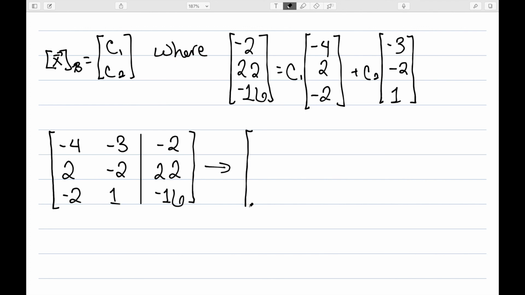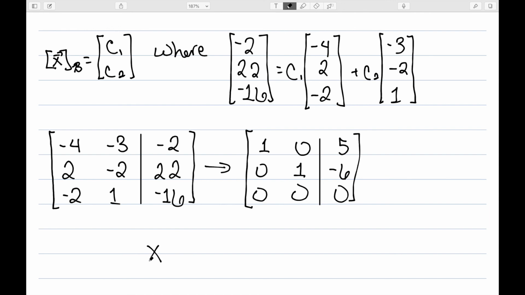We then need to work on row reducing this, and I won't go through all the steps, but we get 1, 0, 0 for the first column. The second column is 0, 1, 0. And then to the right, I have 5, -6, 0. So my coordinate vector, x sub B, is going to be equal to the solution here, which is (5, -6).